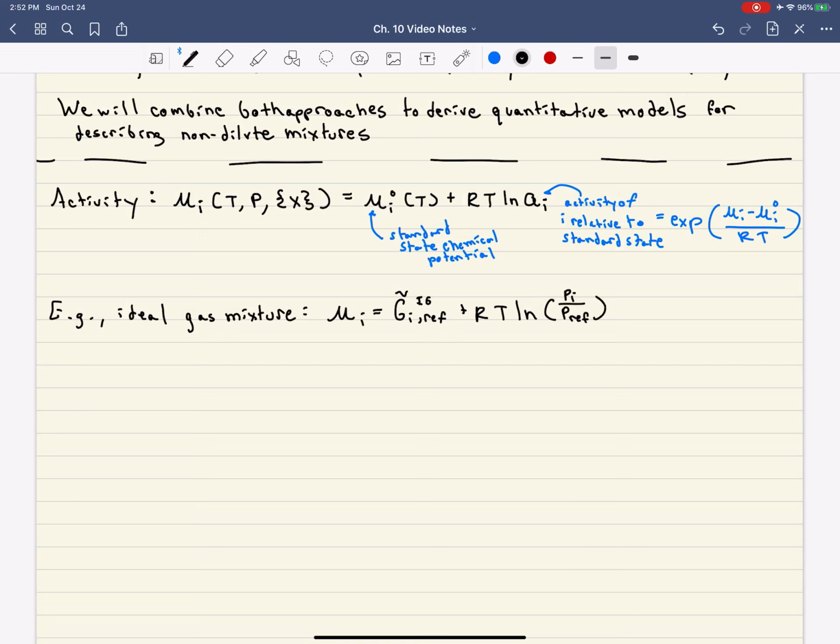Okay? So that's the equation that we used for ideal gas mixtures before. But this also basically has the same form as the activity method.